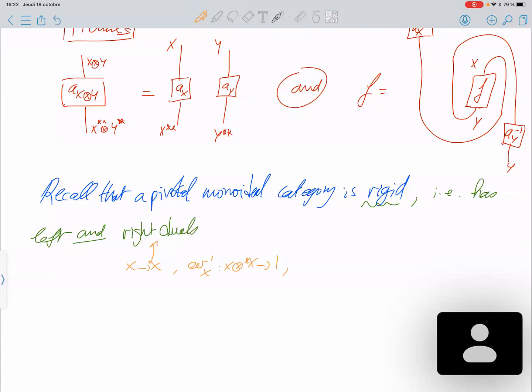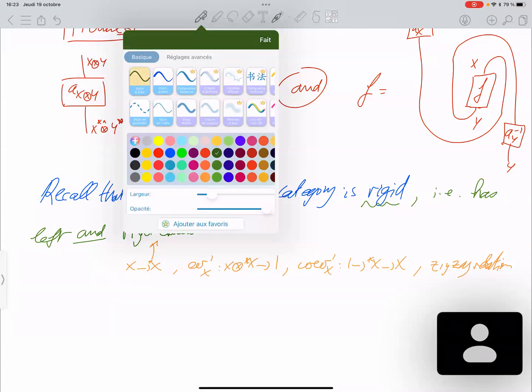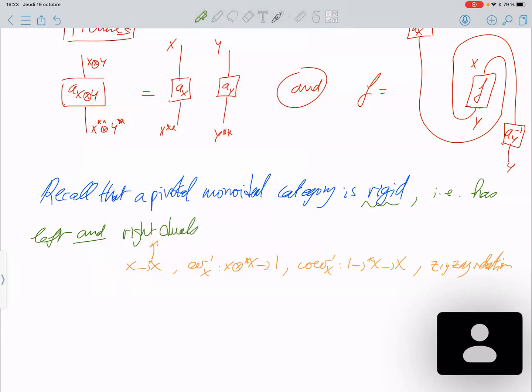You have another co-evaluation map from 1 to star X tensor X, and zigzag relations. Okay. So why do you automatically have a right dual? Because X is a right dual, according to the following definition, of X star.